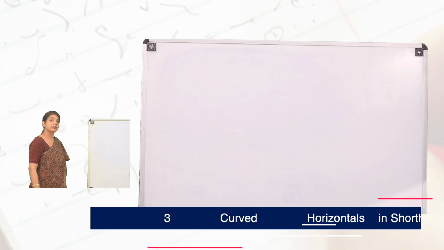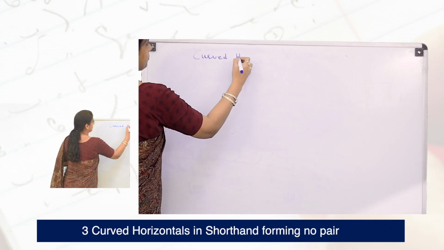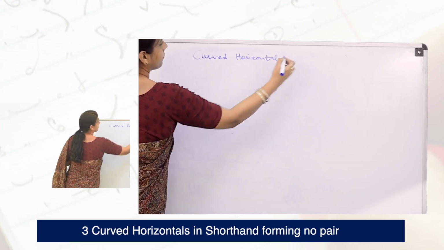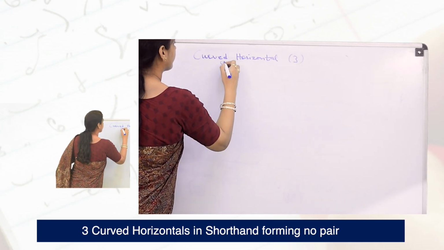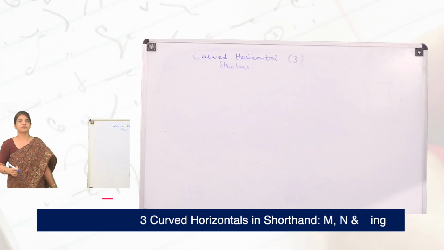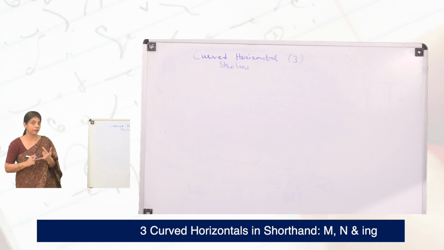Now next is curved horizontals. We have a total of 3 curved horizontals, M, N and ing.